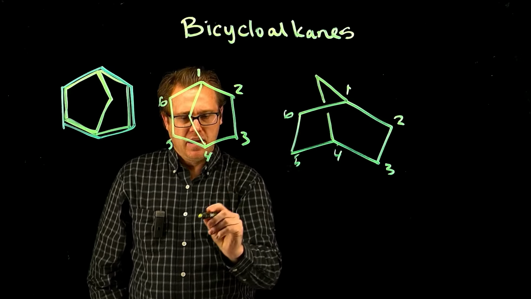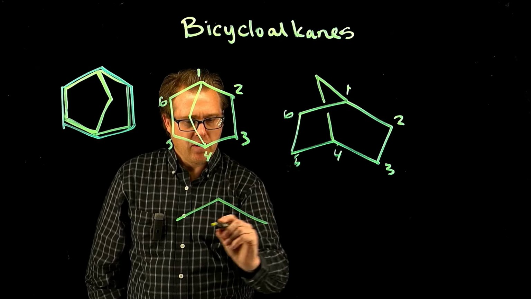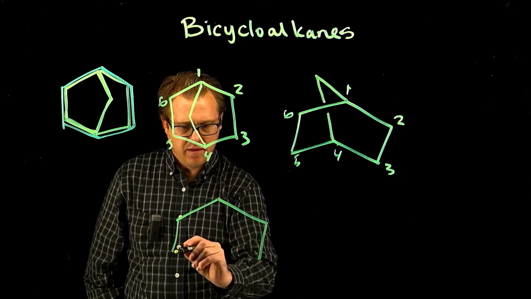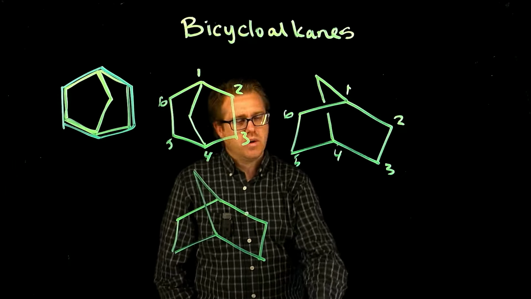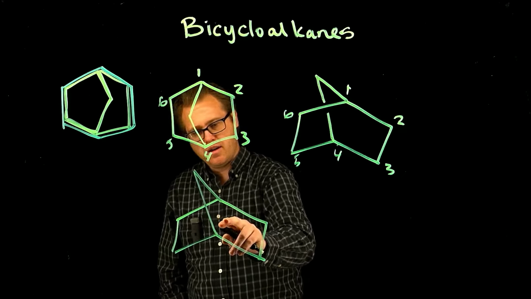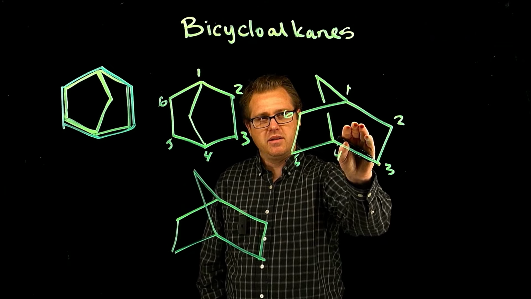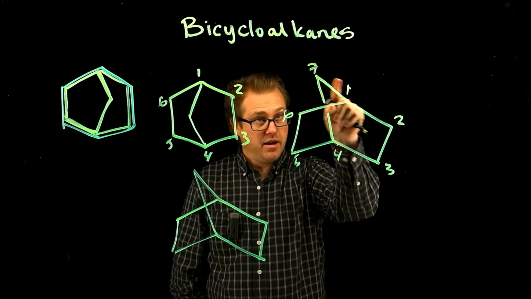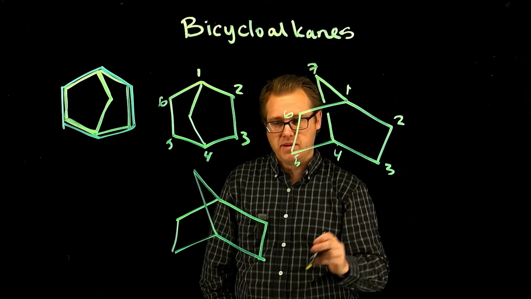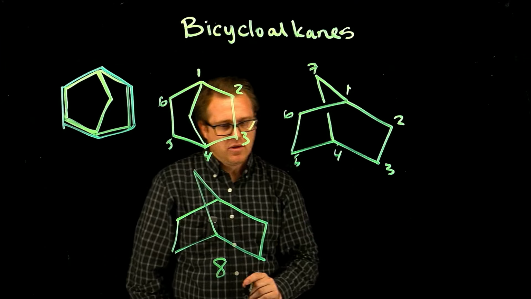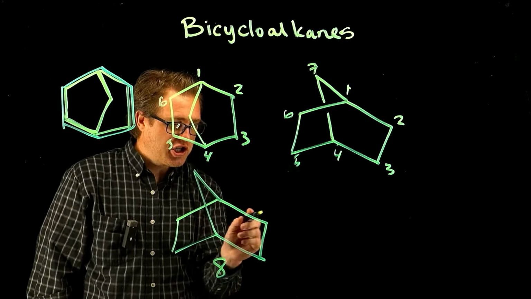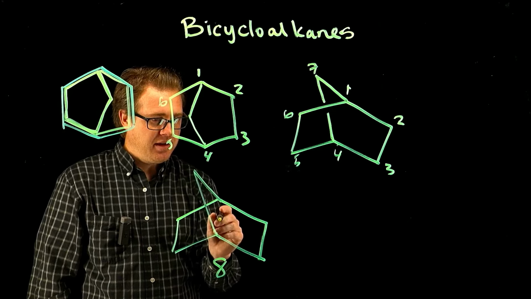It's because if, let's draw it where I didn't. Let's draw it like this. What's the difference between this molecule here and this molecule here? Well, this molecule here has 7 carbons. This molecule here has 8. Why? Because every junction is a carbon.